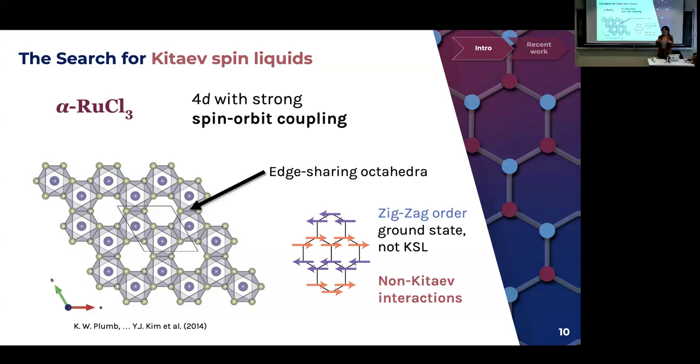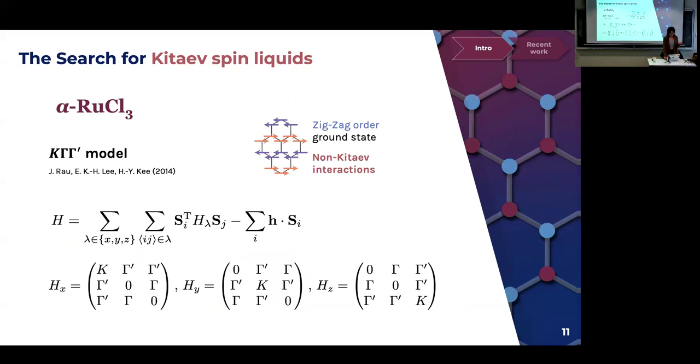But surprise, it's not a spin liquid. It's actually magnetically ordered. It's zigzag ordered in its ground state, which implies, although it has a strong Kitaev interaction and you get this bond dependence, the presence of non-Kitaev interactions.